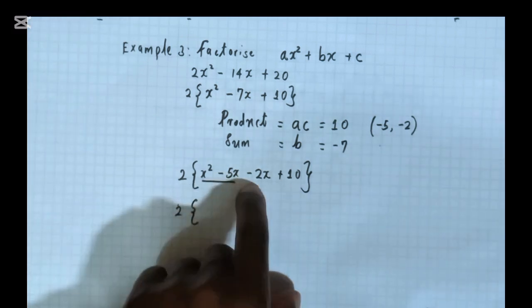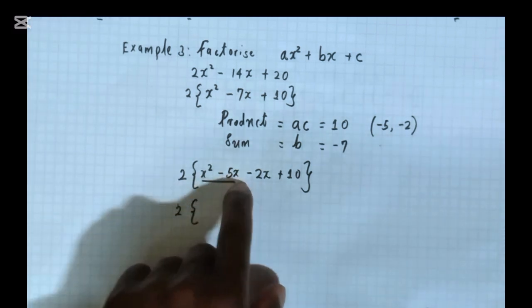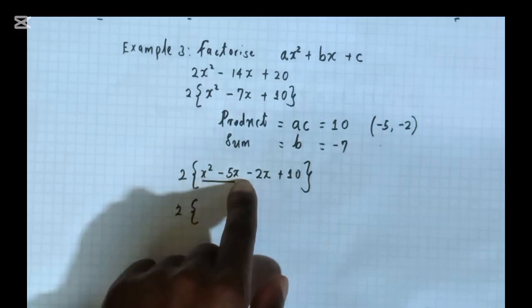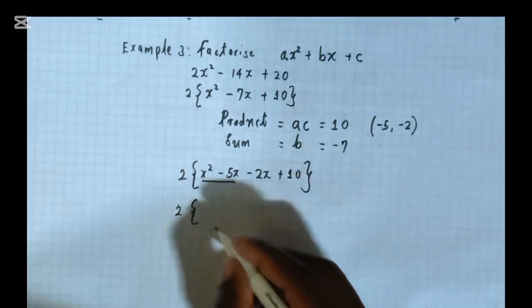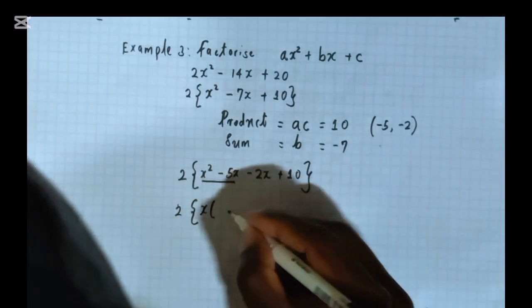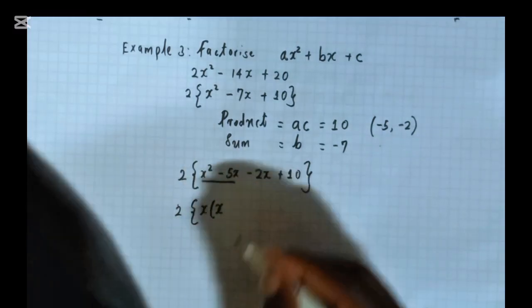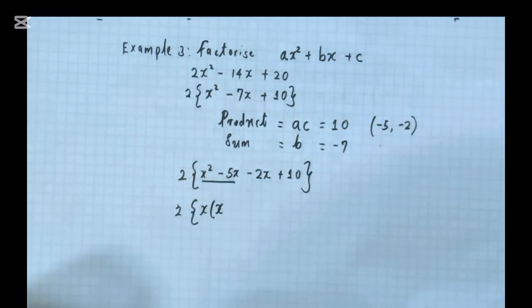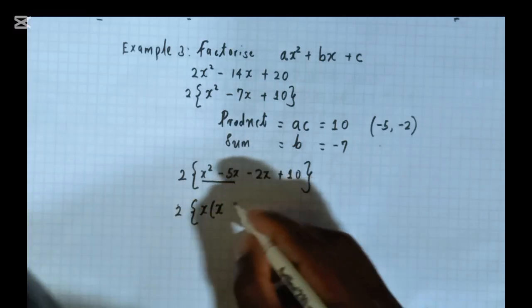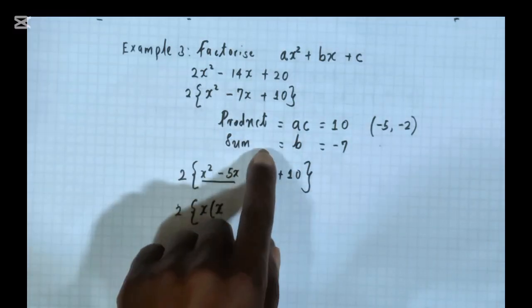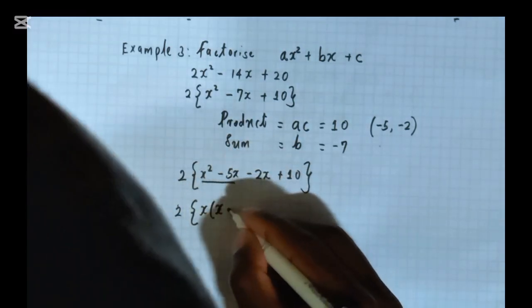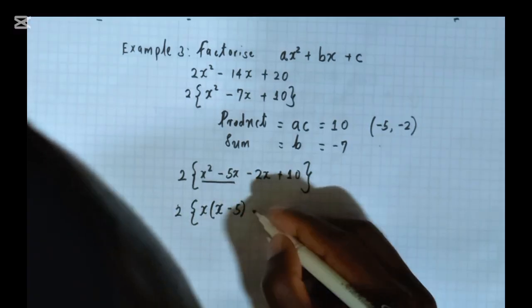The common factor here is x; we take the one with the lowest power. So it's x into what? X squared divided by x gives us x, and negative 5x divided by x gives us negative 5.